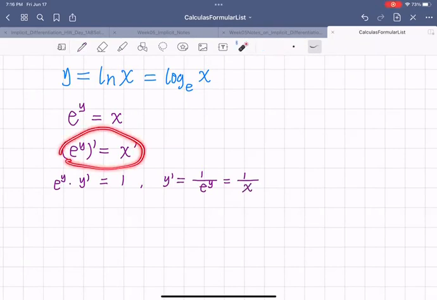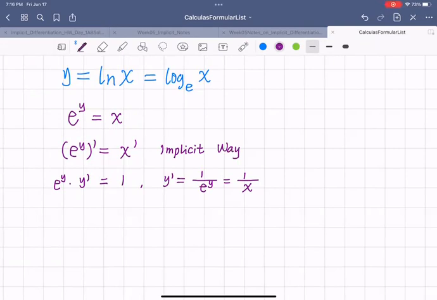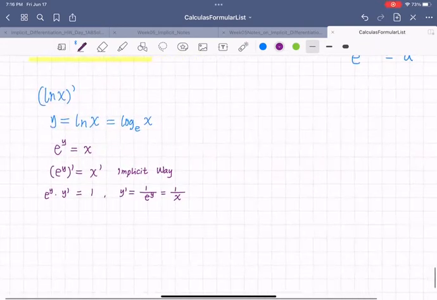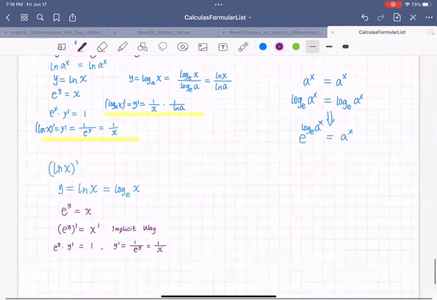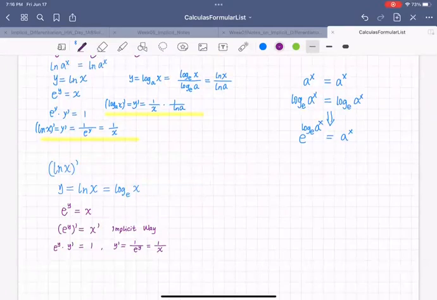The way we do here is called implicit, implicitly, okay? You might want to write down this. This is something important. Implicit way. Okay. So far, so good? Everybody okay so far?